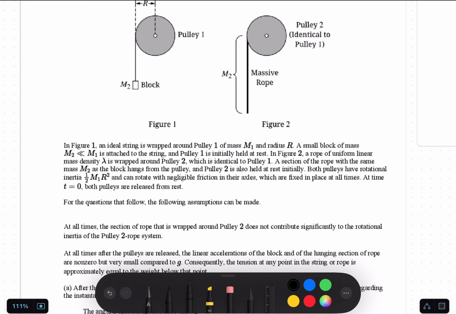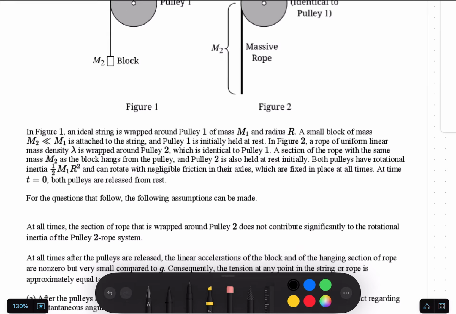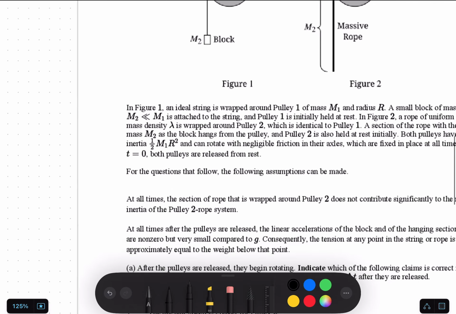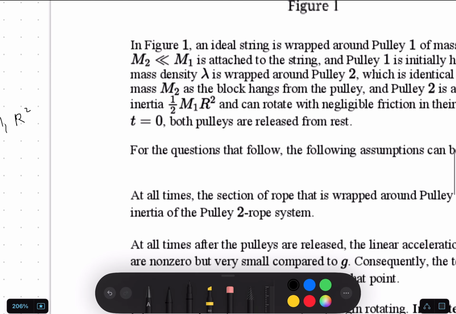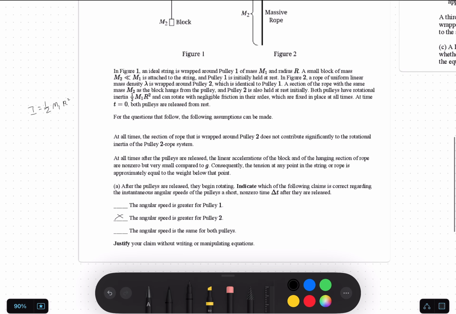The uniform density rope is wrapped around pulley 2, which is identical to pulley 1. Pulley 2 has a rope with the same mass, M2. And both pulleys have rotational inertia of I equal to 1/2 m1 r squared. Both pulleys are released from rest.